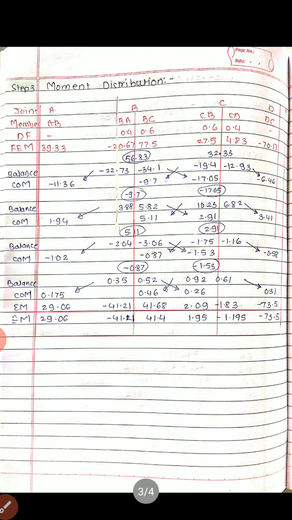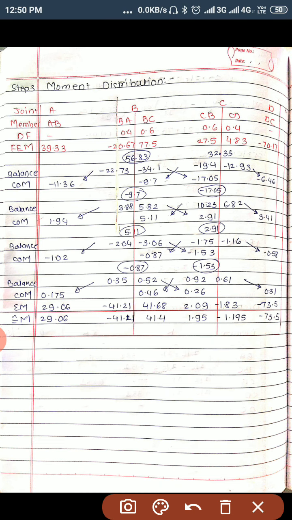The first step we are going to do is find the difference of the moments. And why are we going to do this table, or why are we going to distribute the moments? Because we have to keep these particular joints in equilibrium. Now member BA has minus 20.67 moment and member BC has 77.5 kilonewton meter moment.